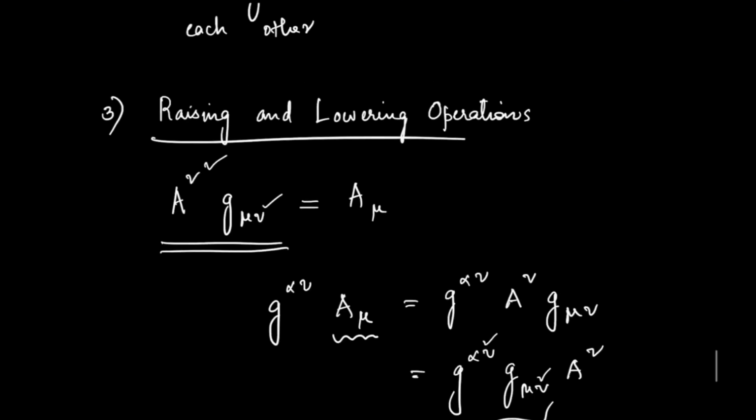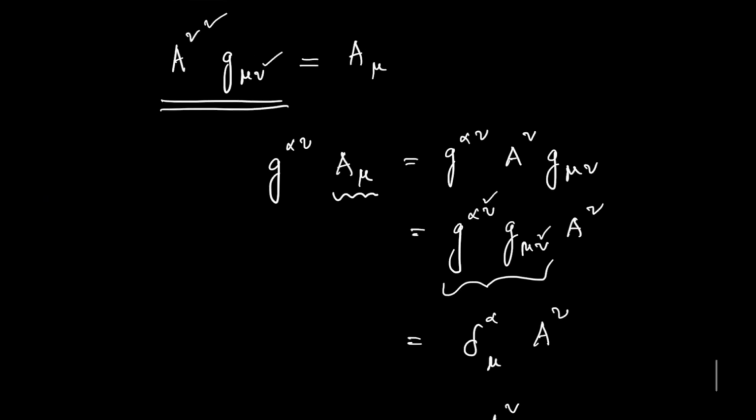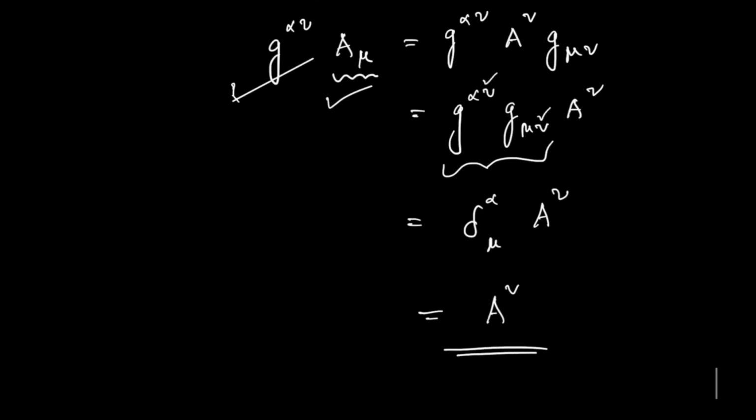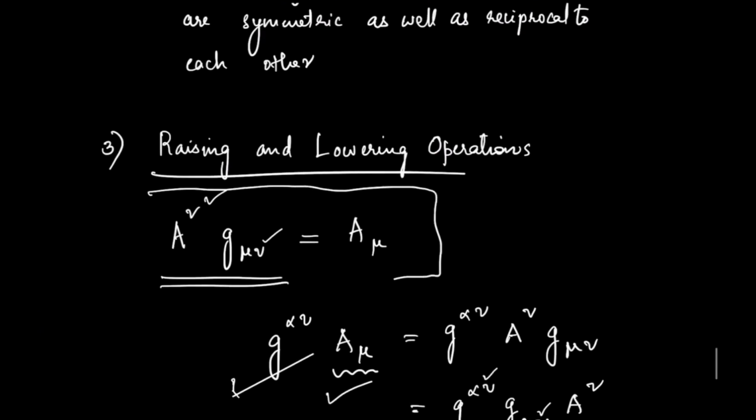So here you can see if I multiply the covariant metric tensor with a contravariant tensor, you will get a covariant tensor. And here we can see if I multiply the contravariant metric tensor with a covariant tensor, then I will get a contravariant tensor, right? So here the metric tensor acts as a lowering operator. Okay, so here this contravariant is becoming covariant.